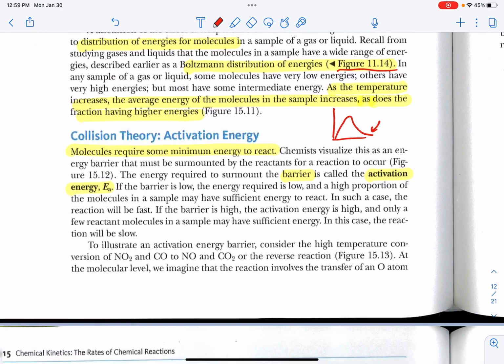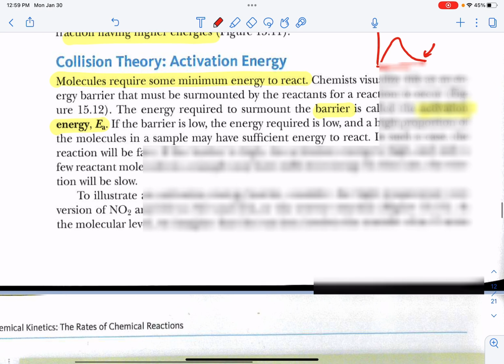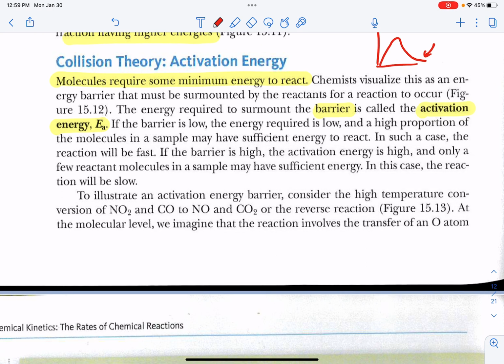Now we have some vocabulary words to go with this. First of all, the molecules need to have a minimum energy to react, just like with the soccer ball that I threw at you. I have to throw it with enough energy to actually get to your hands. We call that barrier, that amount of energy that you have to exceed, the activation energy.